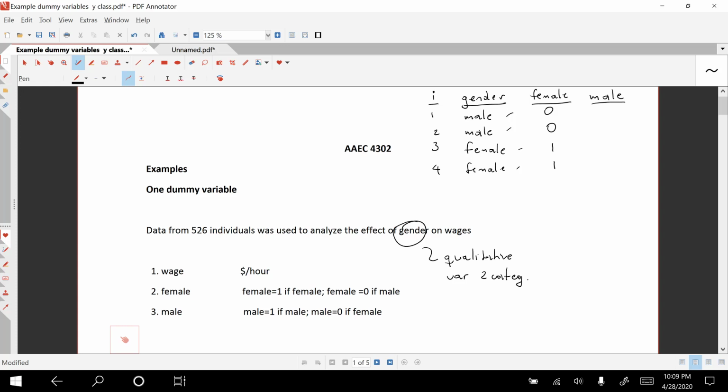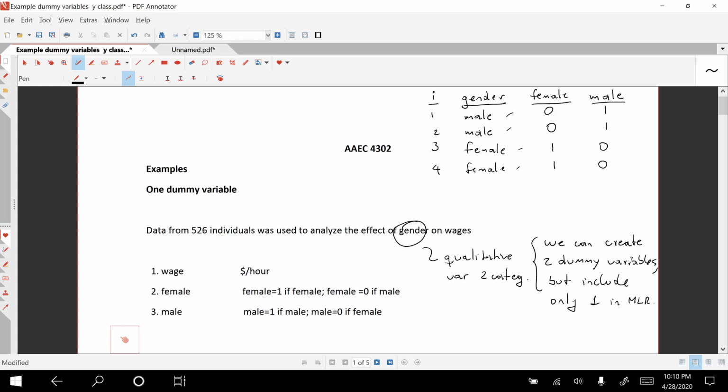And for the male variable, we can create this alternative dummy variable where male is equal to 1 and female is 0. Again, the idea is that we have this qualitative variable with two categories, so we can create two dummy variables, but we only include one in the multiple linear regression model. And I'll go back to that idea.